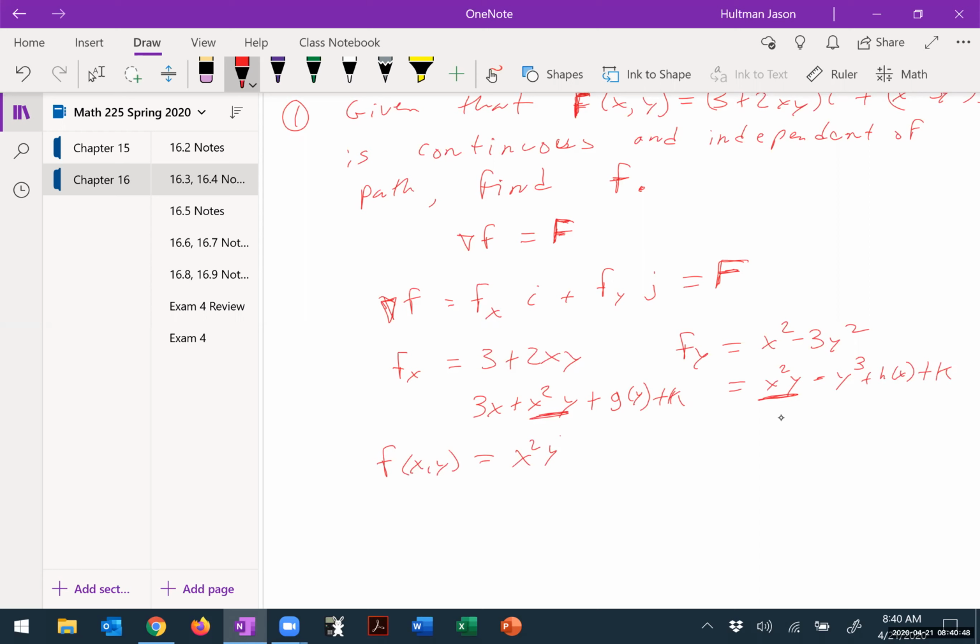They have a function of just x, which is my h of x, that's 3x. And then they have a function of y, which is just my negative y cubed. And then plus k from my constant. I could have called this k1 and k2 and just left it as a k. And that's it.